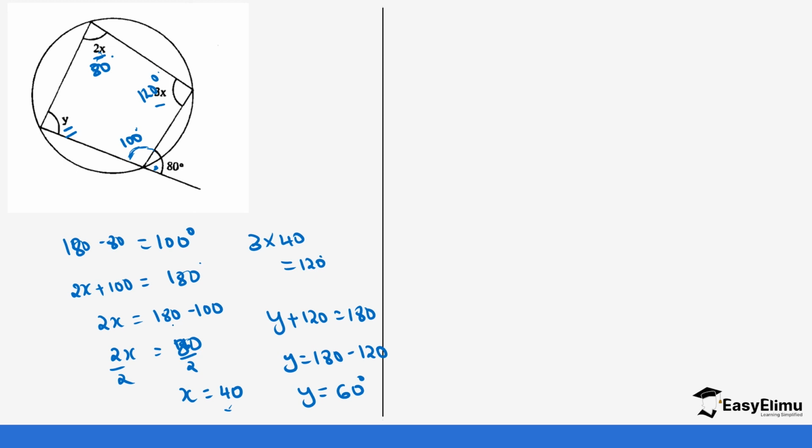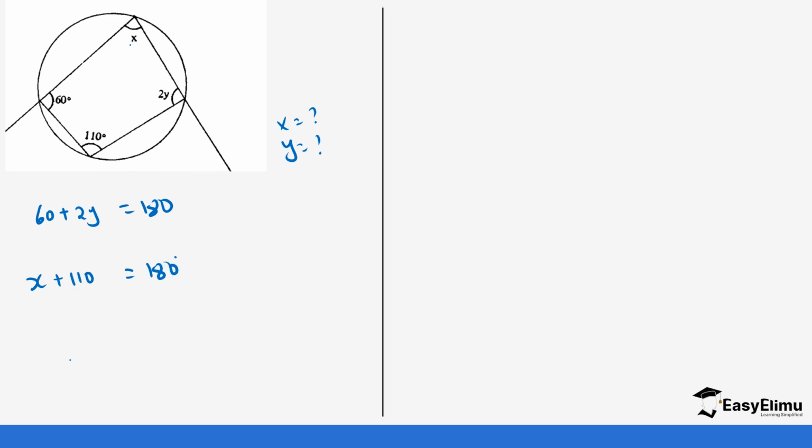Let's look at another example. So we are looking for this angle, we are looking for angle x and angle y. So you know that the opposite angles are supplementary in a cyclic quadrilateral. So we know that 60 plus 2y is equal to 180, and also x plus 110 is equal to 180.